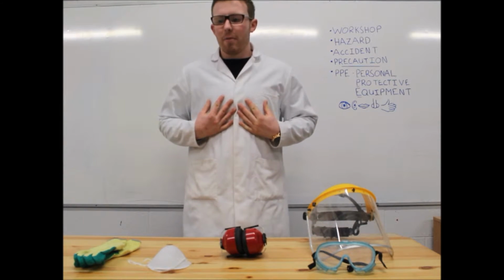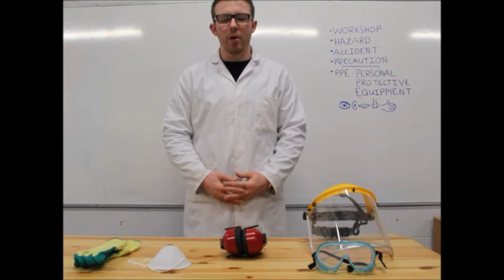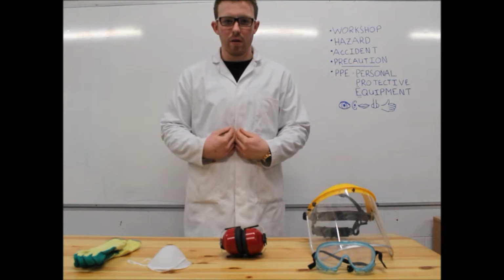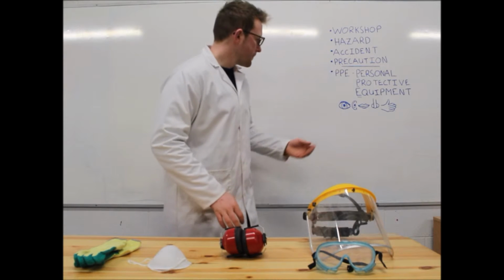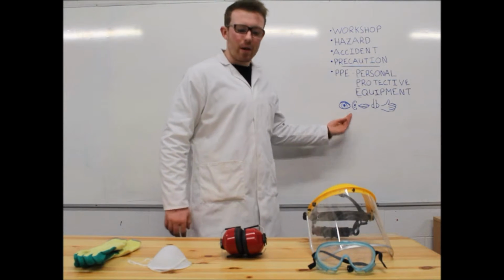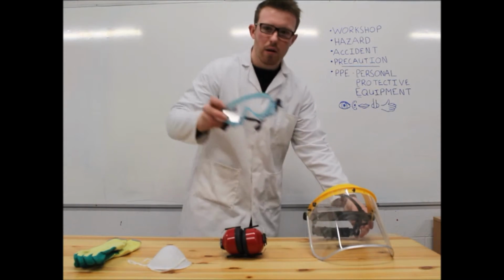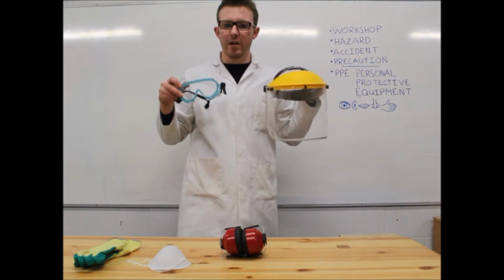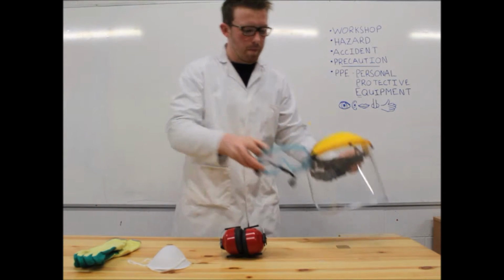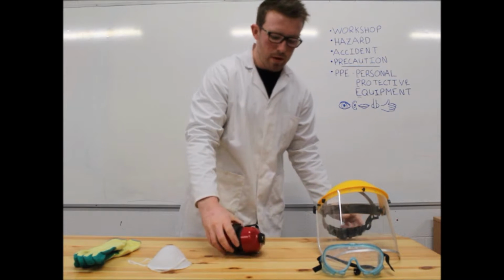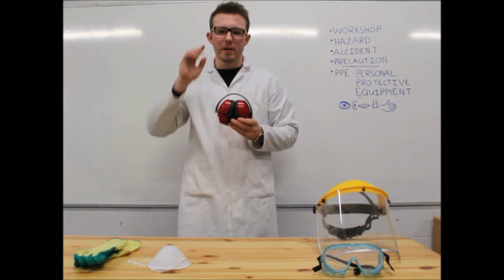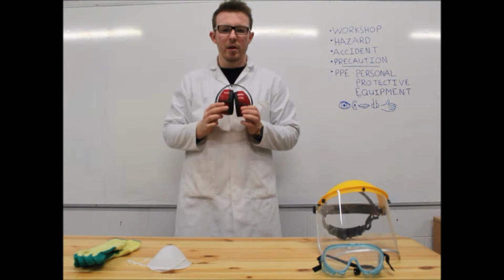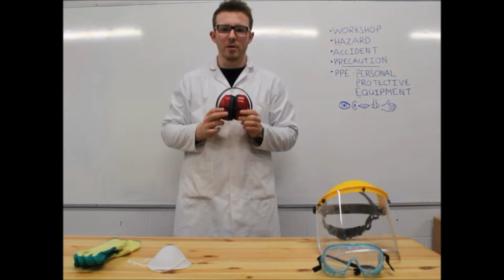Firstly, we wear a lab coat or an apron in order to protect ourselves and our clothing. Secondly, to protect our eyes, we use goggles or else a face shield. We use earmuffs or else small insert earbuds to protect our ears from loud noises and machineries.